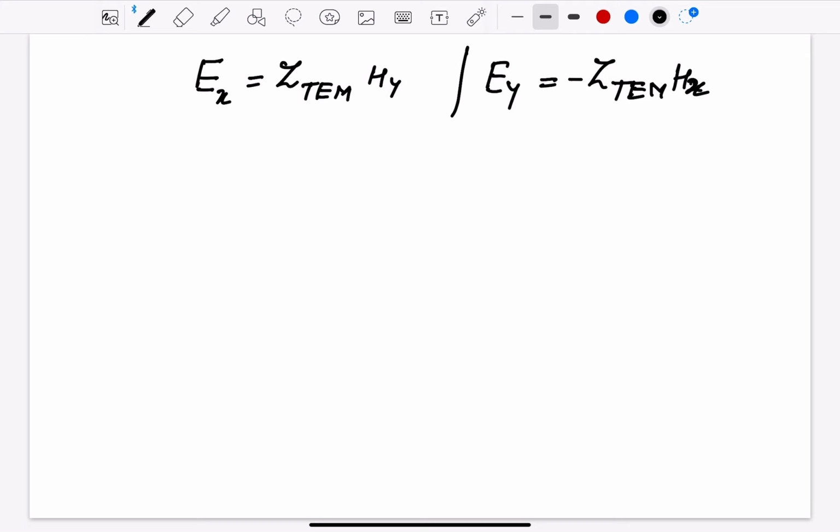Now from this result, I was talking about the generalized equations.